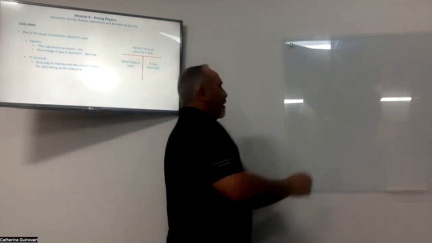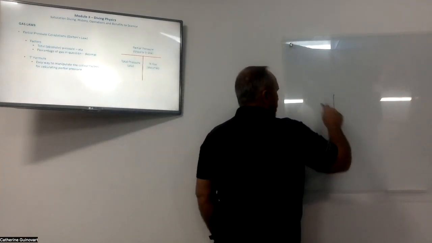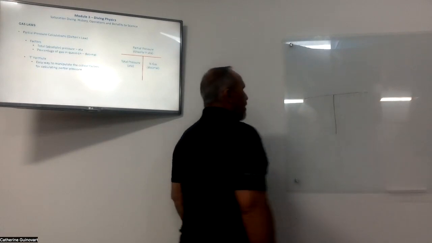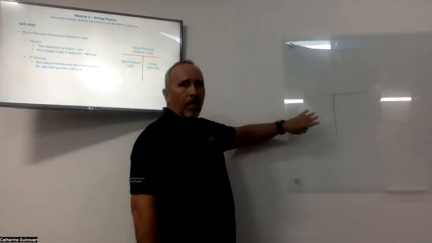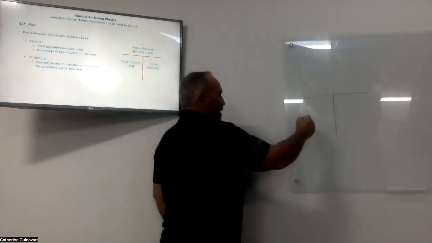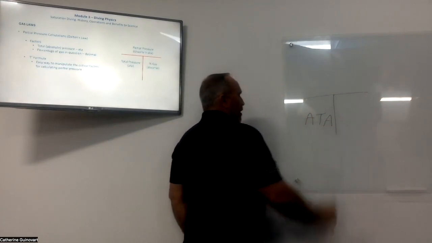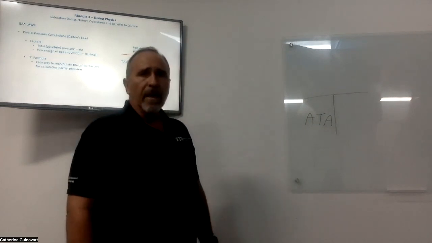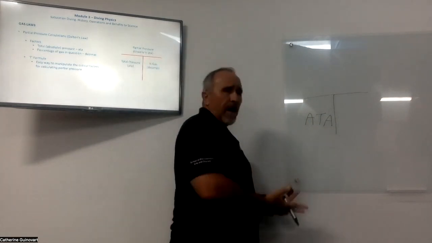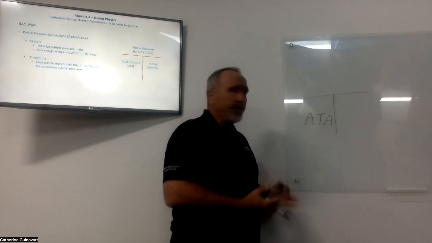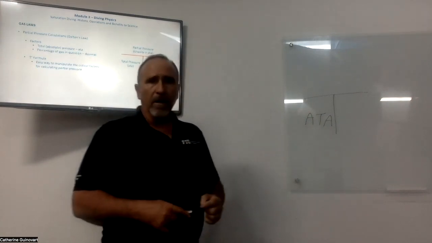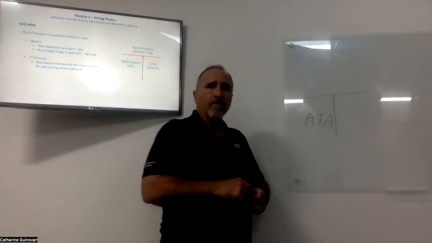But real quick, when you do the T formula, over here on one side, you're going to plug in atmospheres absolute. Yes, sometimes you have to figure out atmospheres absolute first before you plug it in. What am I talking about? How do you figure out atmospheres absolute?